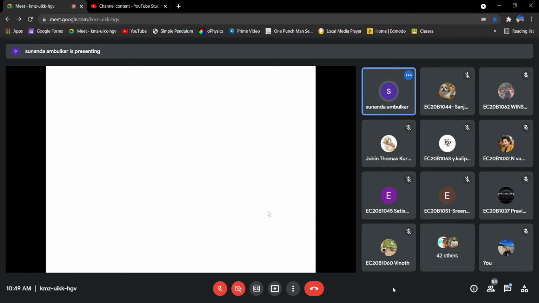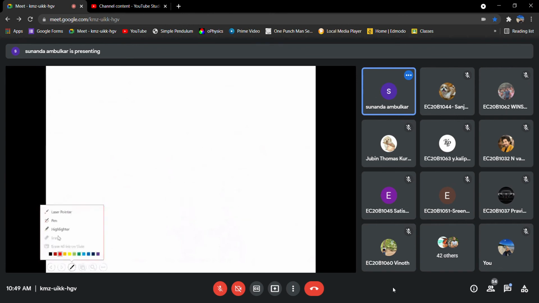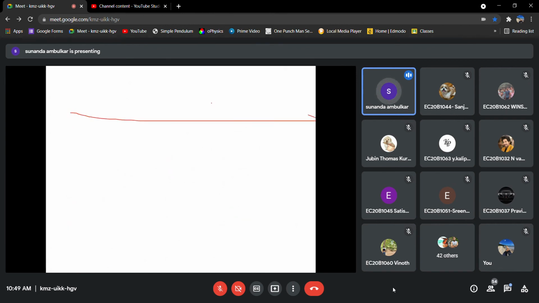Okay, so now we'll make the prime implicant table. This will be the min terms, this will be the prime implicants, and this will be in decimal terms.